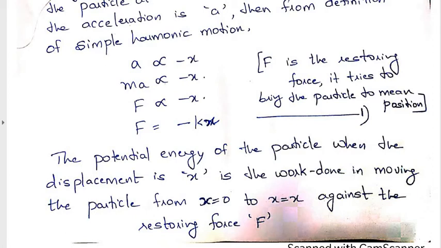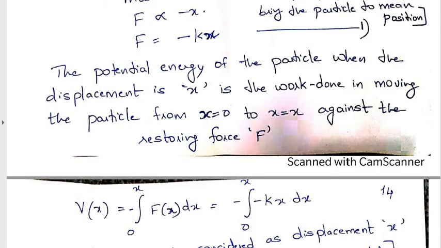So from our definitions of work done, the potential energy is equal to the integration of F dx with a negative sign, with limits 0 to x. Actually work done is F into dx. Now this work done should be against the restoring force, so there is a negative sign.